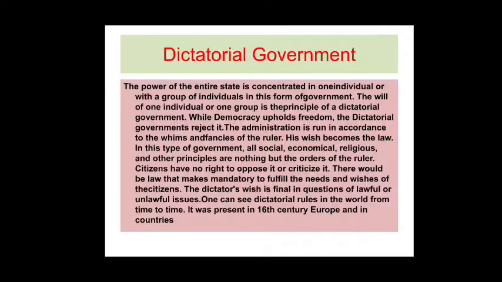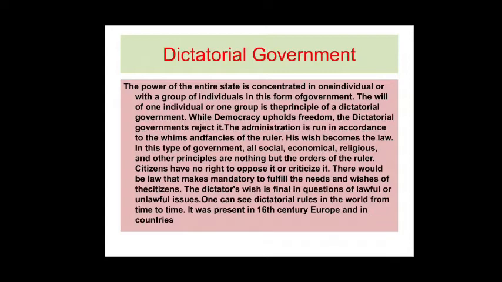The power of the entire state is concentrated in one individual or a group of individuals. This form of government is called dictatorial government. The will of one individual or one group is the principle of a dictatorial government.